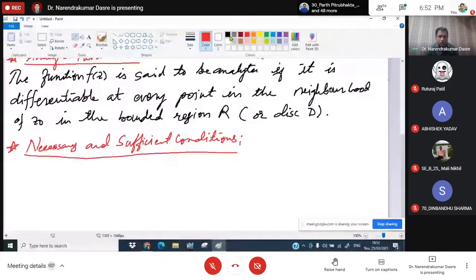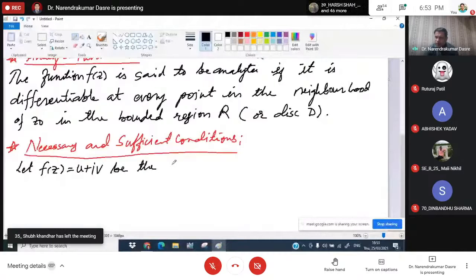we can have that f of z is equal to u plus iv, a function of the x and y variables.